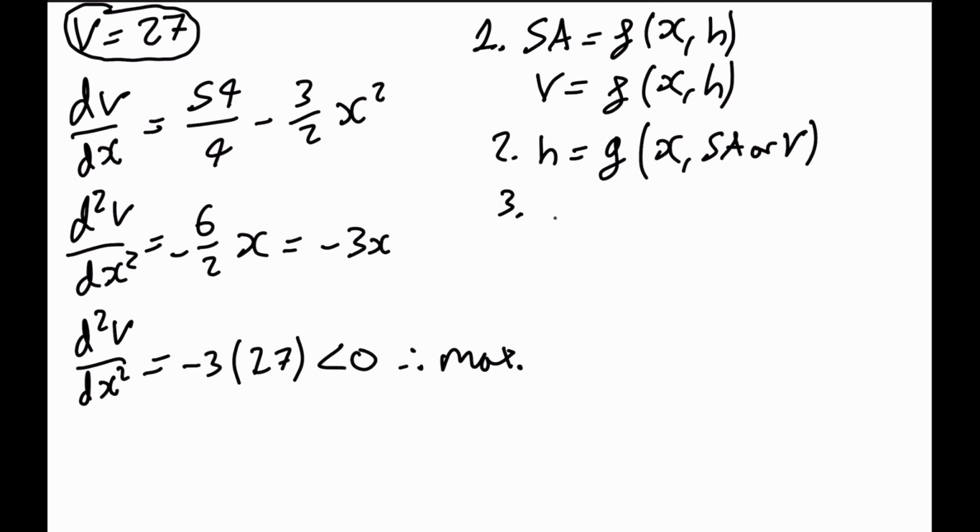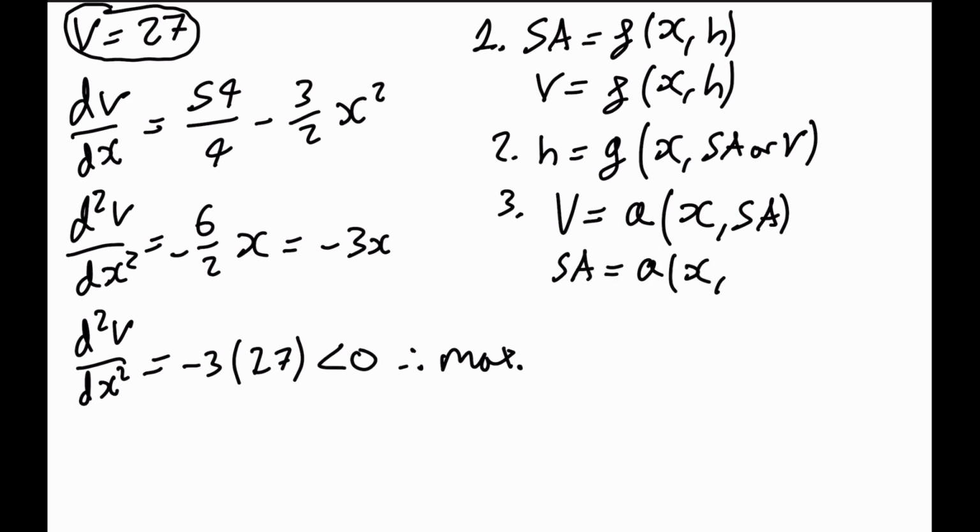So you would get another function a, for example. So you would have volume is equal to a function a in terms of x, or your surface area as a function a of x. And once you do this, your step 4 would be to find the derivative and make it equal to 0.